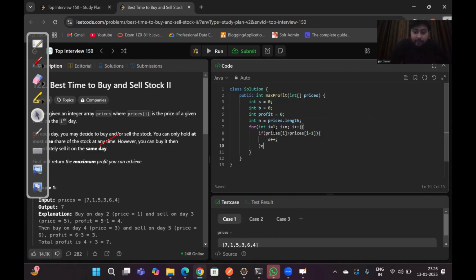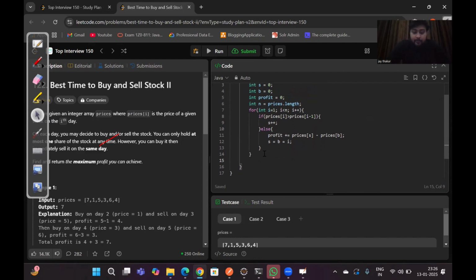Else, we will simply add the result into our profit, that is prices on selling day minus prices on buying day. And we will simply make selling date equal to buying date equal to I. And finally, when we come out of the loop, we have to handle the case where we are at the last and we haven't sold the last stock which we have held.